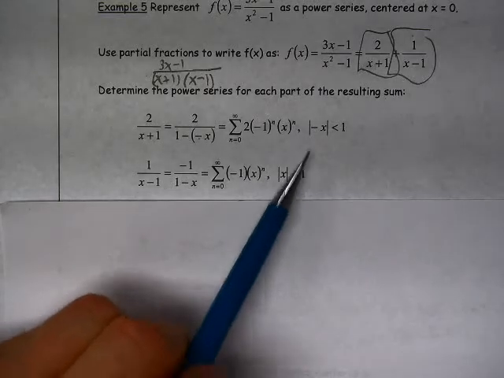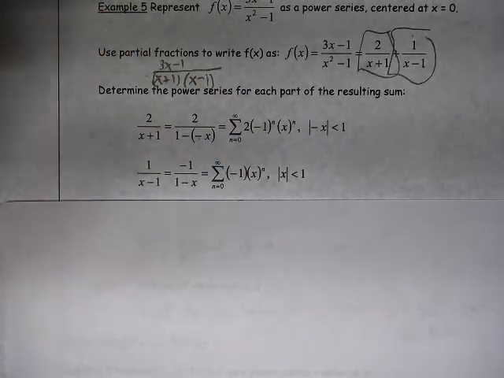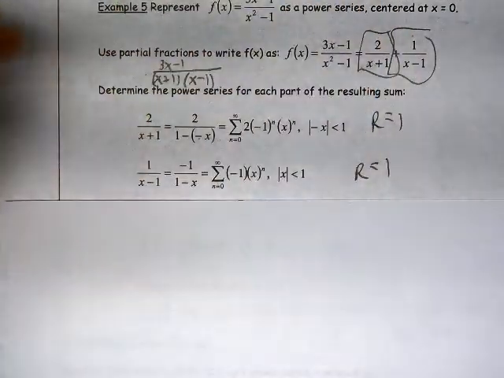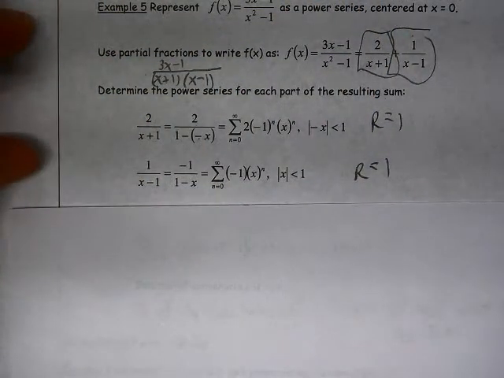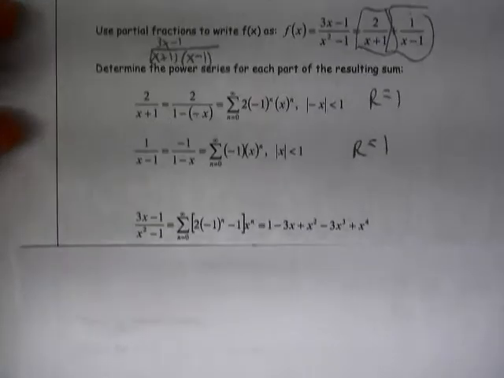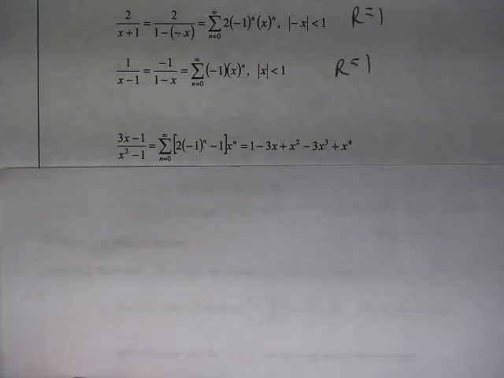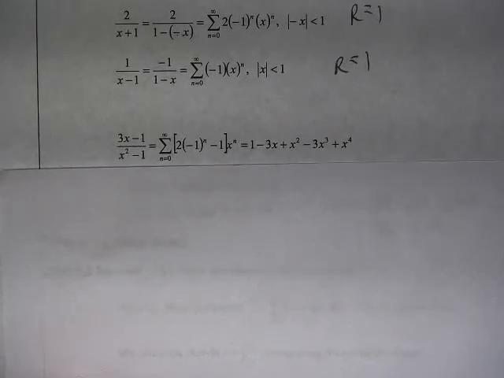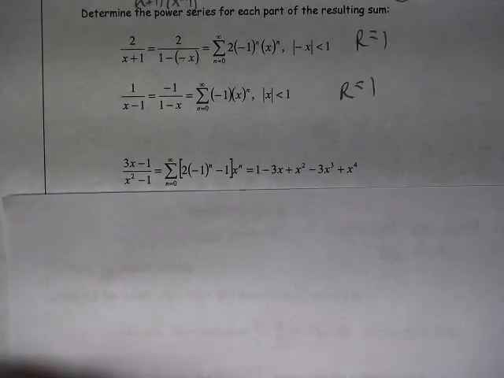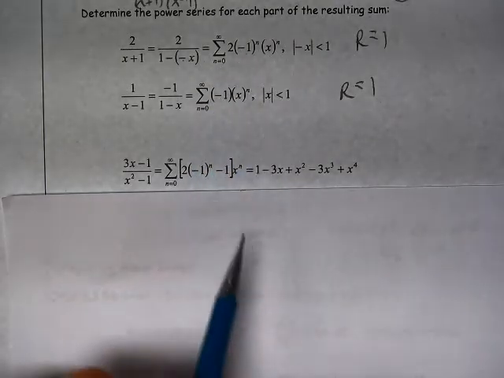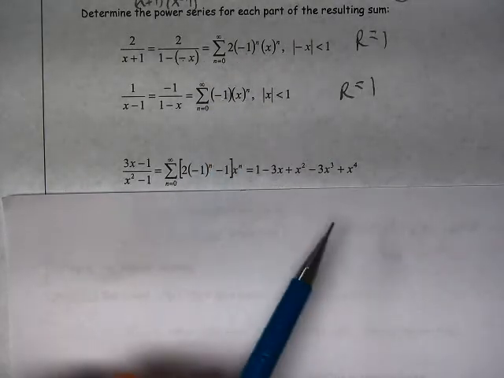If we look at the radii of convergence, they're both 1. And so that function f of x can be represented by the sum of those two power series. So I have 2 times negative 1 to the n, x to the n, and I have negative 1 times x to the n.